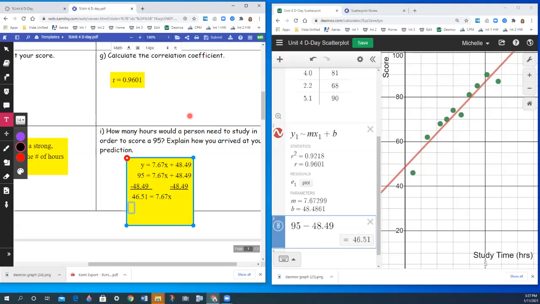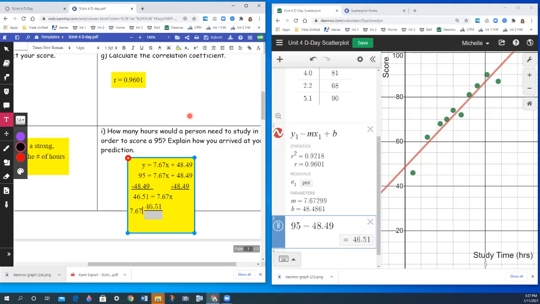So 46.51 divided by 7.67 equals 7.67x divided by 7.67.